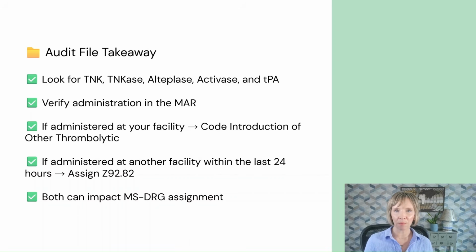And finally, remember that both thrombolytic administration and Z92.82 can potentially affect DRG assignment when stroke or TIA is the principal diagnosis. Taking a few extra moments to both look for the medication and verify where it was administered can help ensure accurate code assignment, correct DRG grouping, and better audit outcomes.